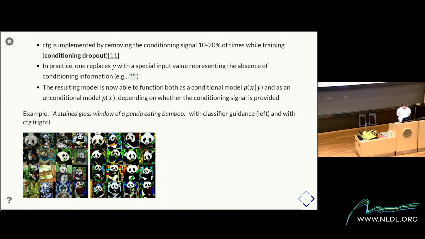And here you can see an example of what can be obtained. On the left, we have images generated using this string, a stained glass window of pandas eating bamboo, using the previous approach, the one that used the actual classifier. Here on the right, we obtain images using the classifier-free guidance. So what would you say about these images? Which one do you like the most?